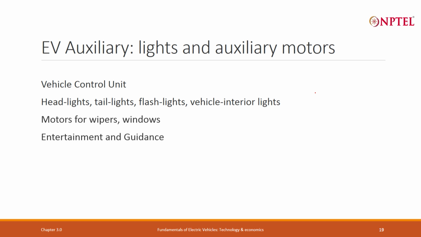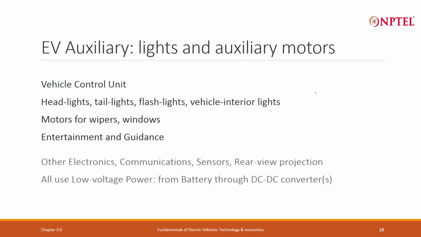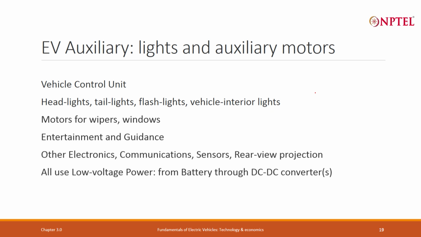They are actuators, not motors, and they have to be electrically driven. Then of course, there is entertainment, there is guidance, which gives you the map of the route and things like that. There are other electronics, communications, sensors, rear view projection, all those things are there. They all may consume small energy, most electronics consume a little bit of energy.